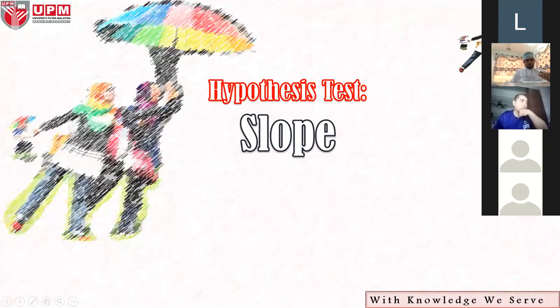Doktor, saya nak tanya. Kalau kita tengok yang dekat model summary untuk simple linear regression ni, dia punya R value tu, adakah dia akan sama dengan Pearson R value? Sama. The value will be similar with the value in Pearson product moment correlation.